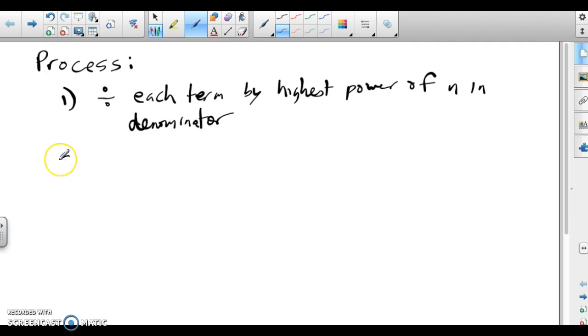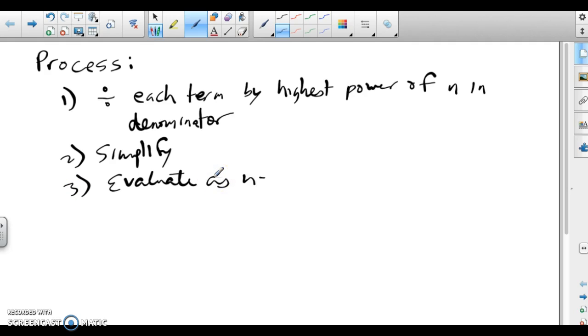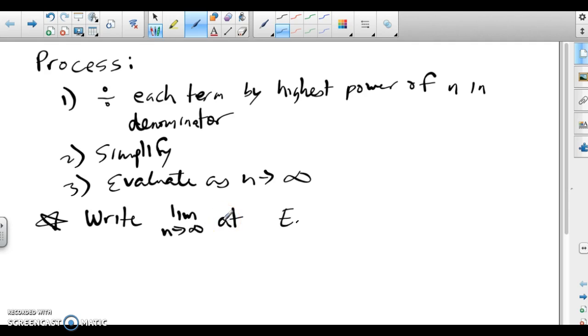The second step is then to simplify. The third step is then to evaluate as n goes to infinity. And one thing that we need to remember is that we want to write the limit as n approaches infinity at every step, at each step.